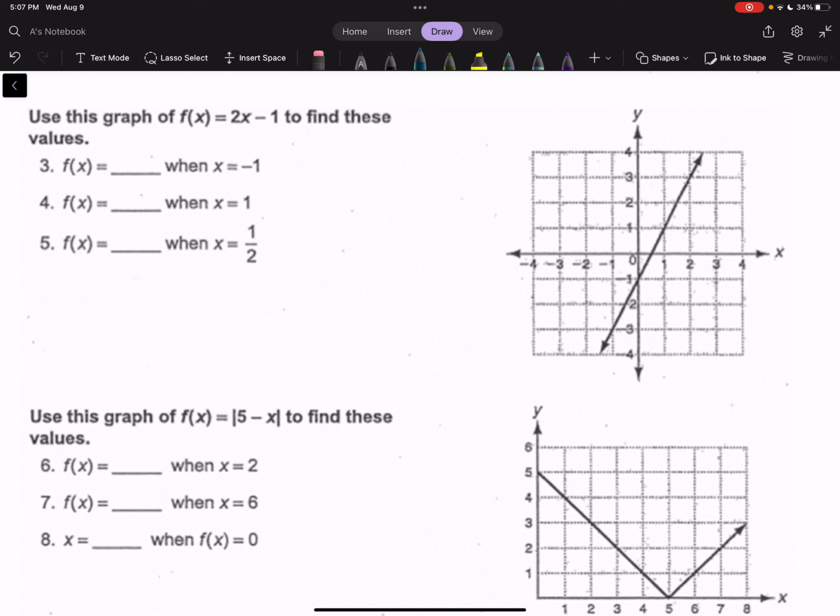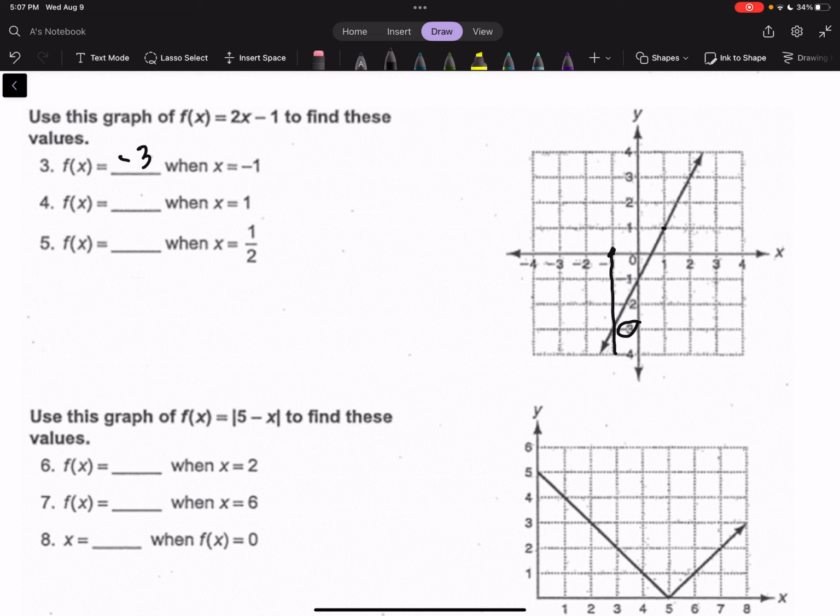Now to show you in context of the problems here. Use this graph of f of x equals 2x minus 1 to find these values. f of x whenever x is equal to negative 1. Whenever we have x of negative 1, we're going to go down. It's negative 3.